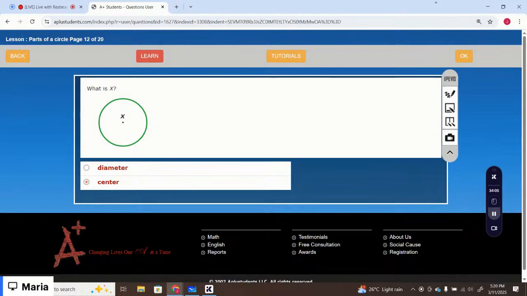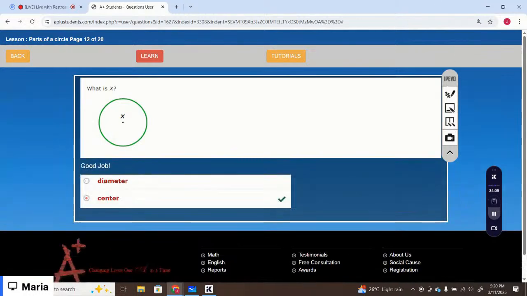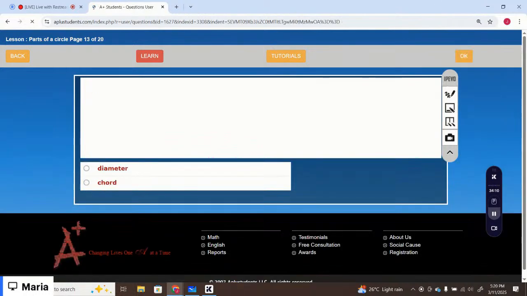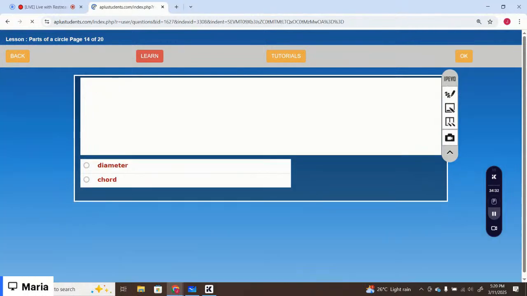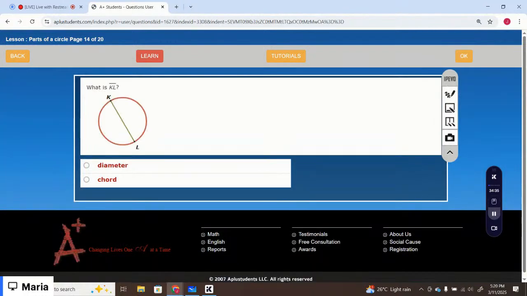That is the center. X is the center. CD is the chord. Option number two is the correct option. Okay, you can complete the lesson by yourself later today. Let's just move on to the next lesson.